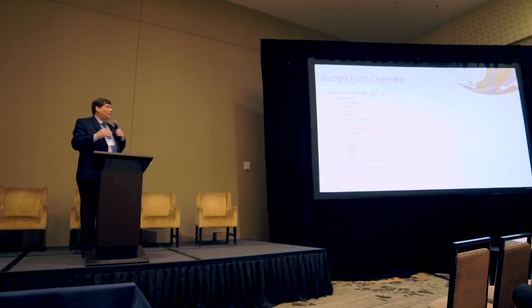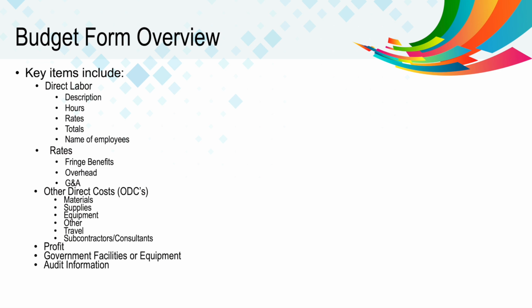I'm going to start with an overview of the key items in what we're asking you to submit. We'll start with direct labor, looking for names of employees, all the employees, description or position type, the hours that you're estimating they'll perform, and the hourly rate. We also ask for your indirect rates, including fringe, overhead, G&A. These are the typical ones we see, or any combination of these three.